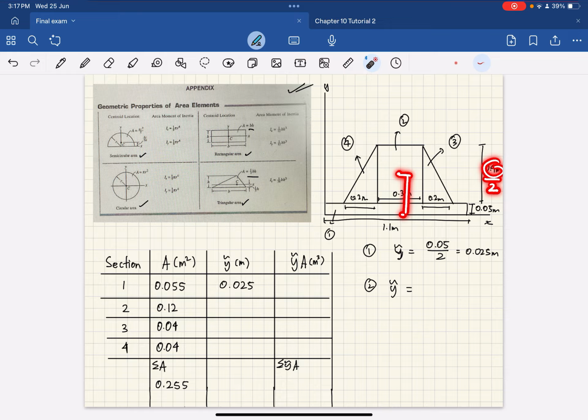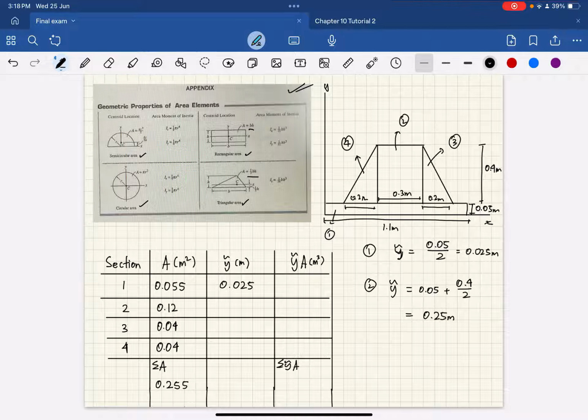Then you can actually get your y tilde. So in this case, it will become 0.05 plus 0.4 divided by 2, which becomes 0.25 meters. Okay, so that's your y tilde, 0.25.